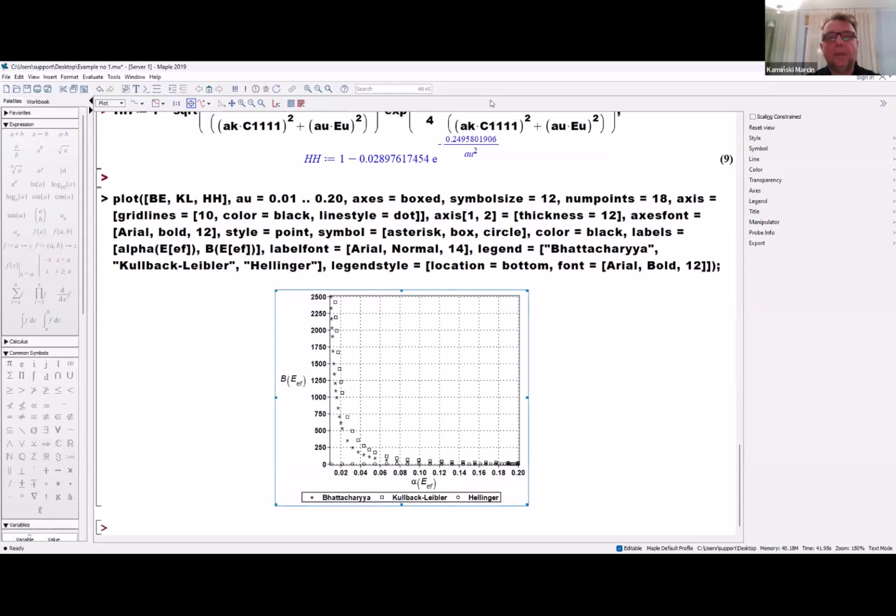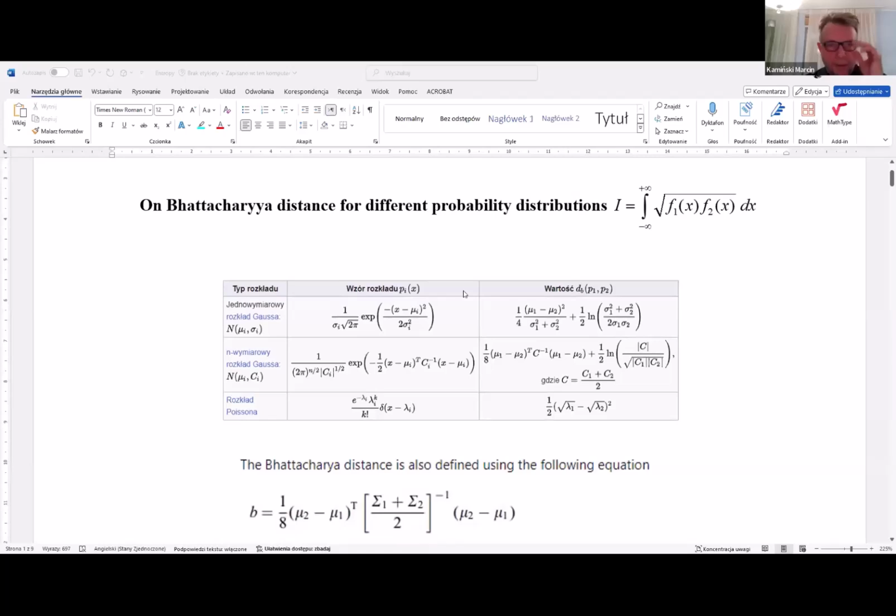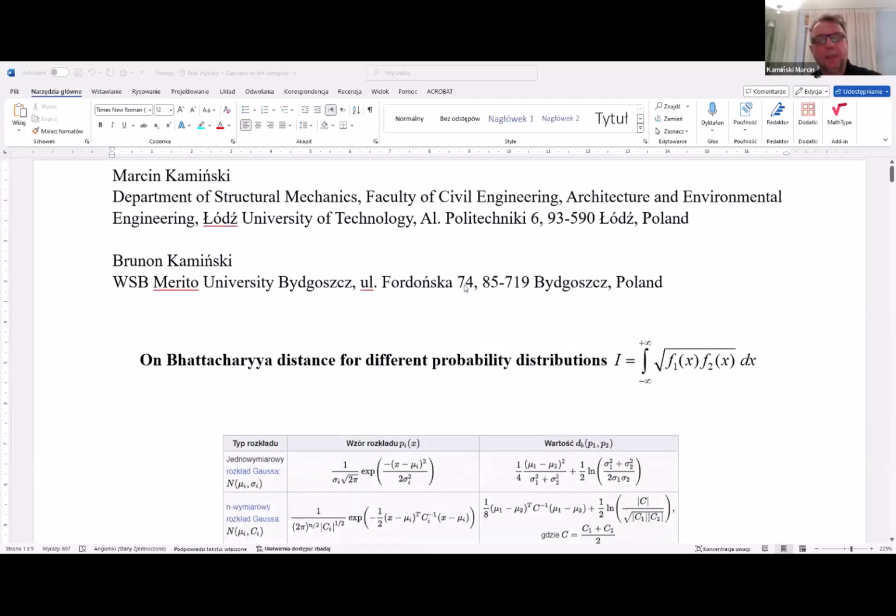Now we skip from Maple to mathematics. So I'm going to present some calculations, let's say in a mathematical analytical way.